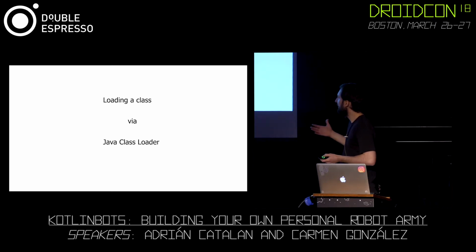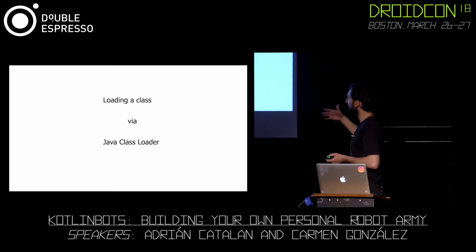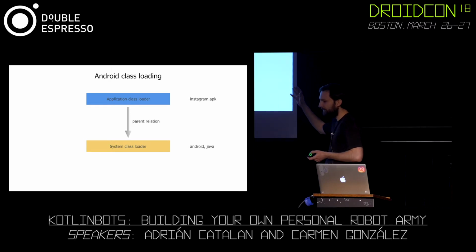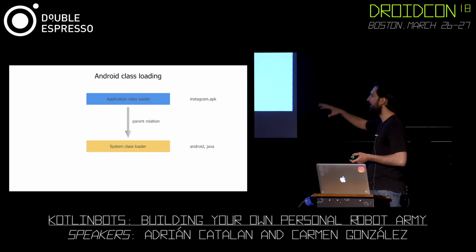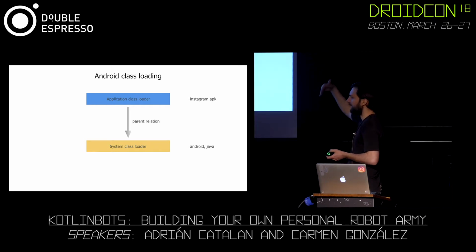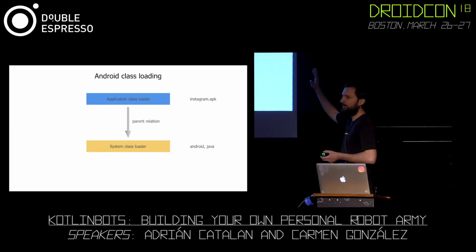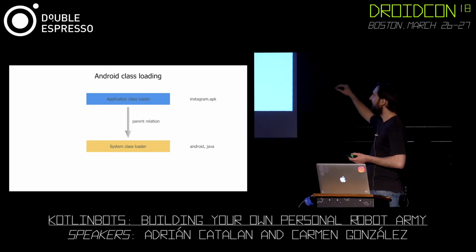On top of it, the way Android works is that it has an application class loader which points to the Instagram APK file, and a system class loader which points to the Android framework, Java, and anything that lives on the device. Those class loaders create a chain, with a parent relation. This is without lazy loading, the default case.